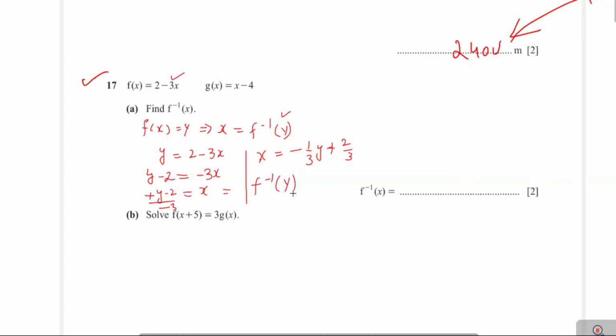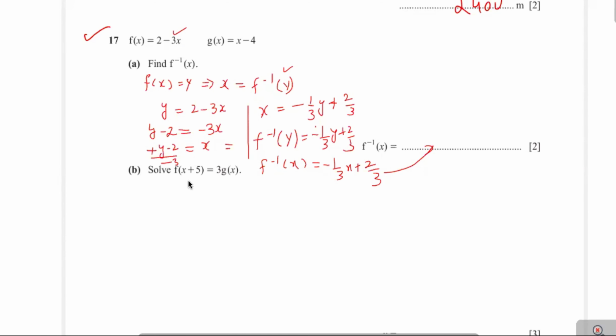We write f inverse of y equals minus 1/3 y plus 2/3, and we replace y by x. We get f inverse of x equals minus 1/3 x plus 2/3, and this is the answer.